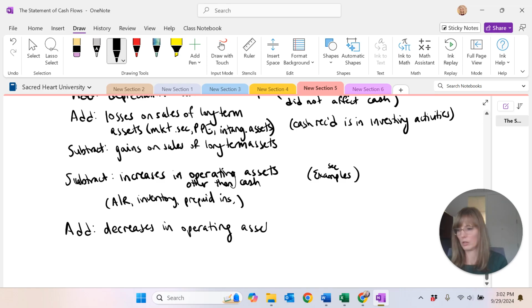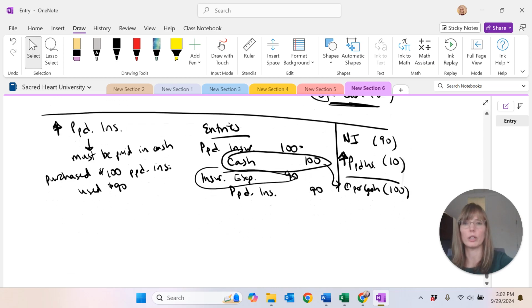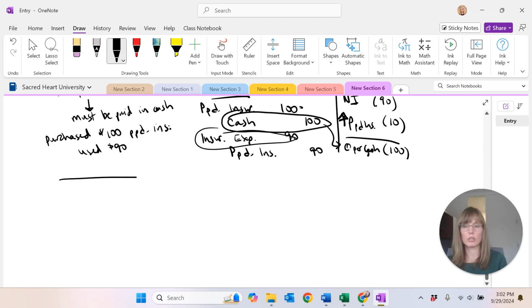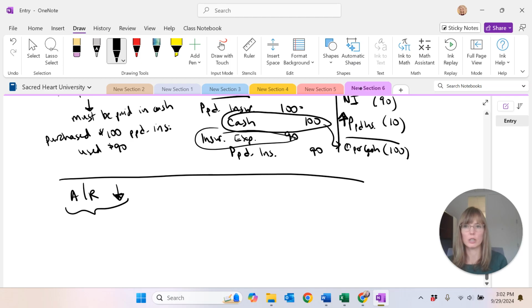Let's say our accounts receivable decreased this period. Well, the only way for an account receivable to decrease is that we collected more cash than we had sales this period. So we can't start with a zero balance and see accounts receivable decrease. We had to have a beginning balance.